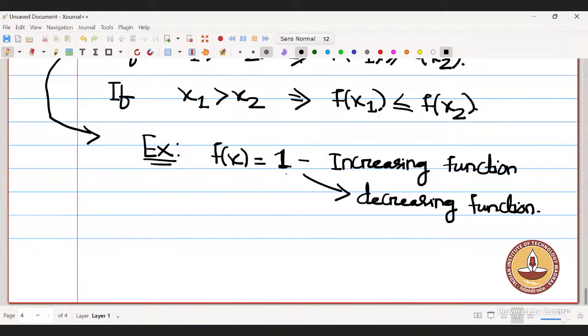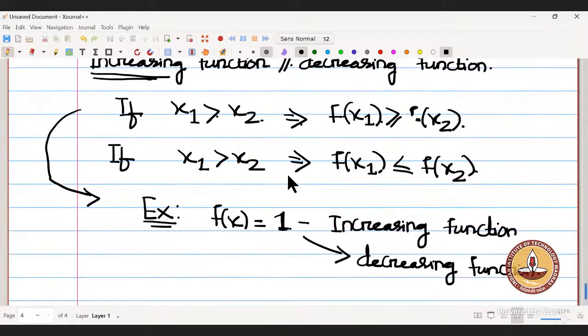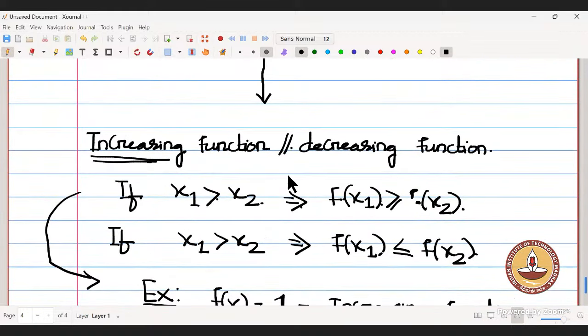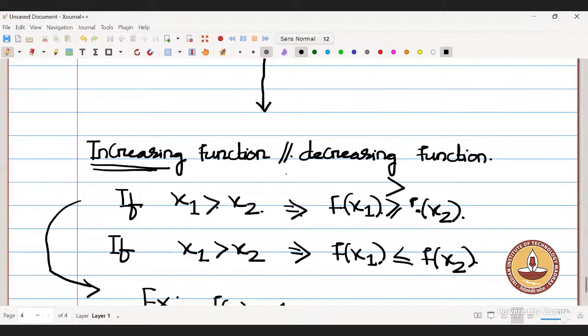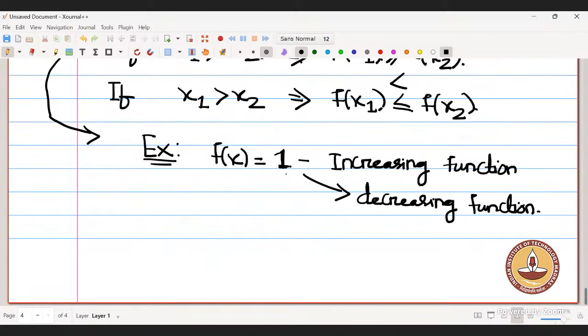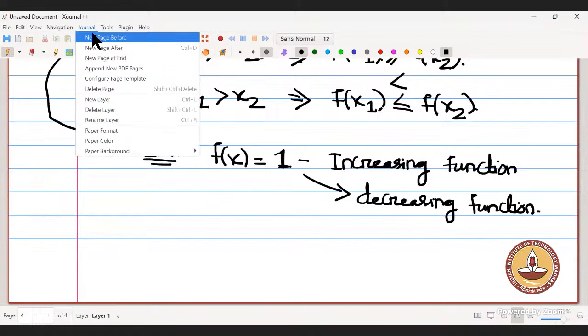If I replace this with strictly greater than and strictly less than signs, then this constant function is not a strictly increasing or strictly decreasing function. Any example of a strictly increasing function? f of x is equal to x plus 1.